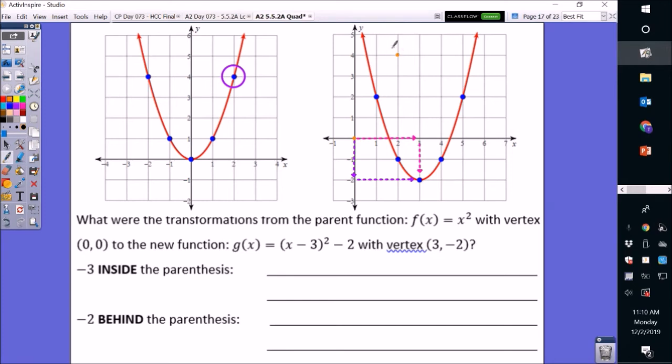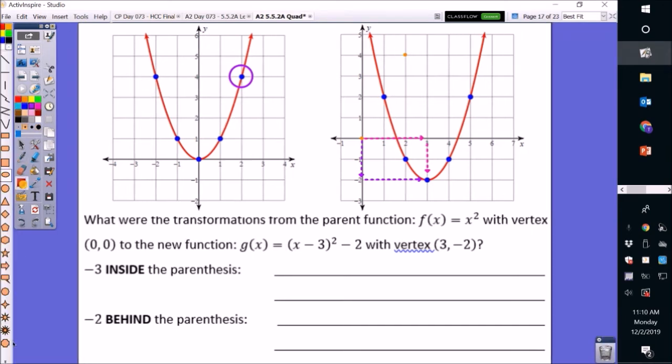If I start from the parent function to the new function, this is the third point on the right side. So let's take a look at the transformation. Basically, you went right 3 and then down 2. Or you could have gone first down 2, and then right 3. So essentially, it's the same transformation as what we examined between the two vertices.